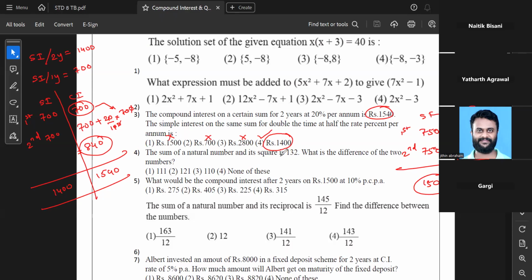Using the formula, how can we solve? Just a minute.